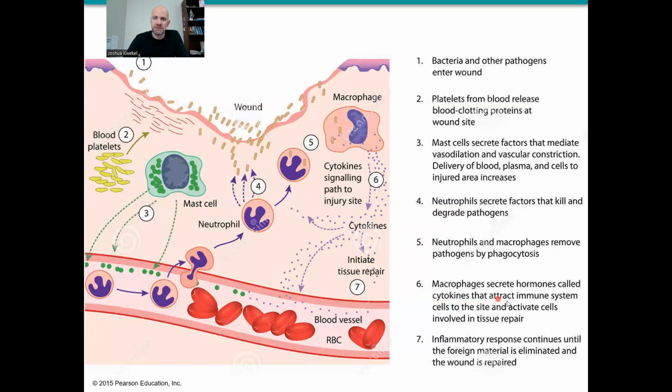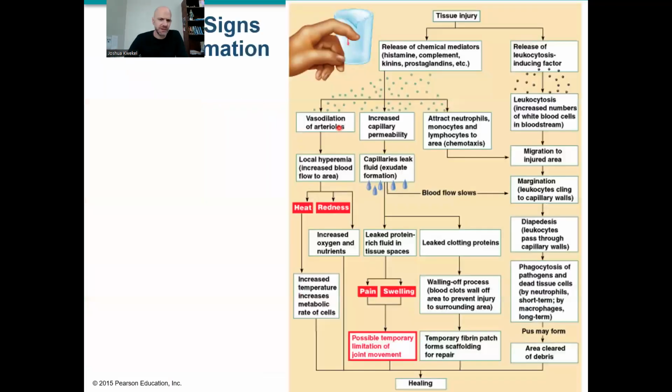Number 6, macrophages recruit immune cells, and 7, initiate tissue repair. So this is all part of the innate immune system. The macrophage then plays a role as part of the adaptive immune system. It's going to carry the information from its phagocytized microbes to a local lymph node or the spleen, and do antigen presentation and continue on with the activation of the adaptive immune system.